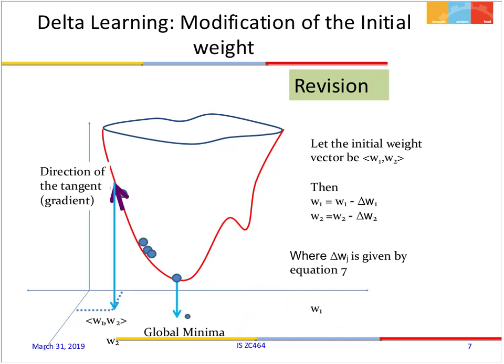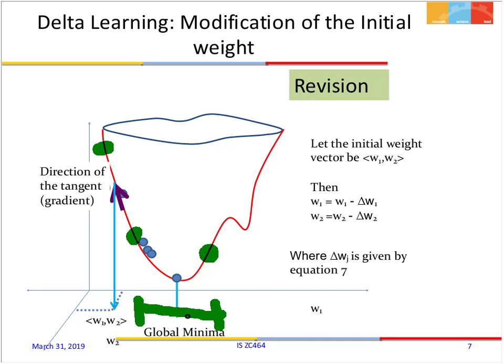So if you had started with, let us say this point I'm taking on the left side of the surface, then if your step is very large, even as large as this, it is likely that you have the next step taken as large as this much distance, right? So the distance is traversed in the weight space, and once you have traversed the distance, then only you compute the corresponding error corresponding to the new W1 and new W2.